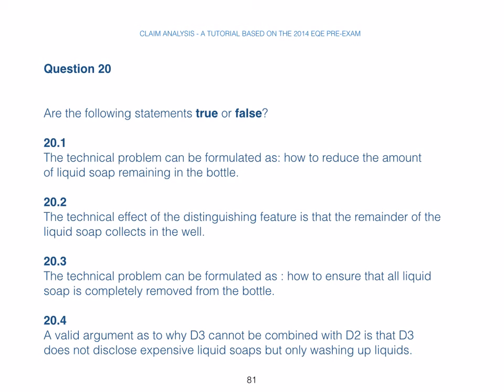For 20.2, the technical effect of the distinguishing feature is also usually in the description, and always in the description in EQE examples, and this can be ascertained also from paragraph 7, true or false.